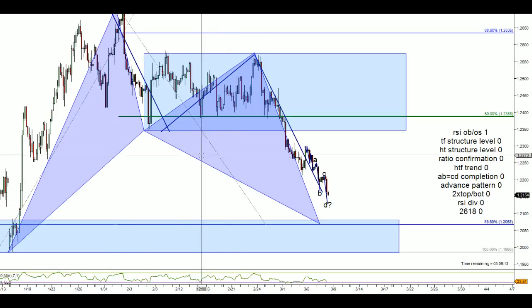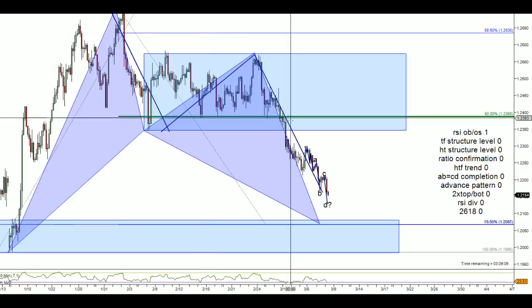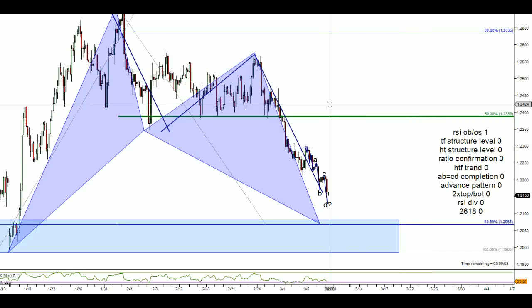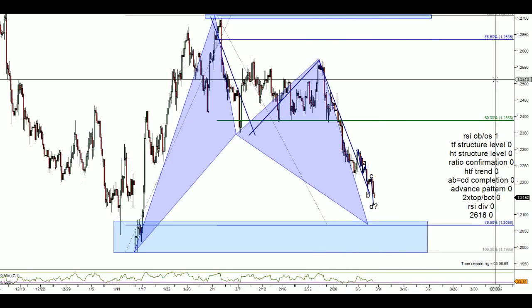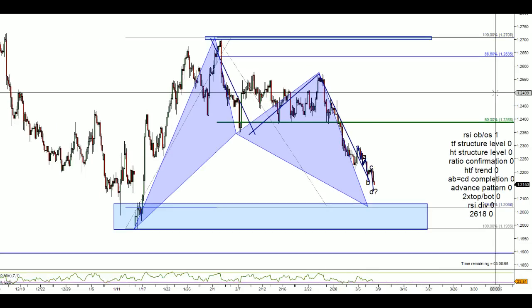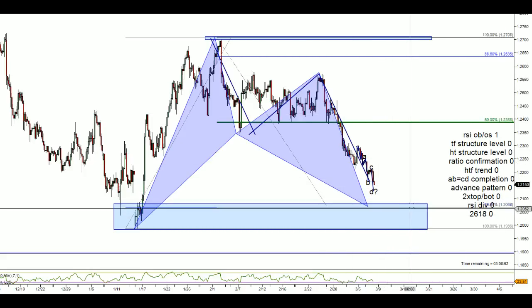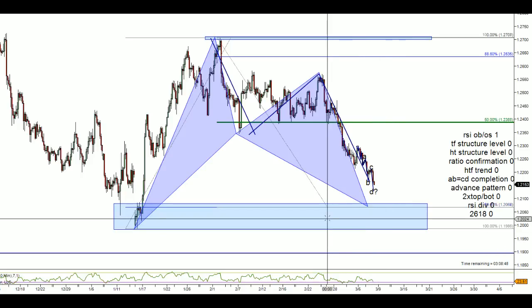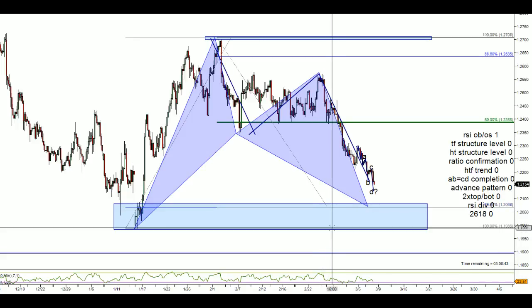Okay, but this pattern here, if it completes, would provide a little over a 500 pip reward, but it does have a higher risk level. I believe my stop would be a little over 100, like 101.